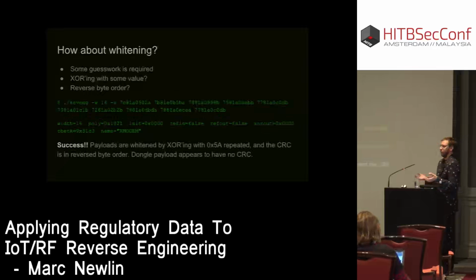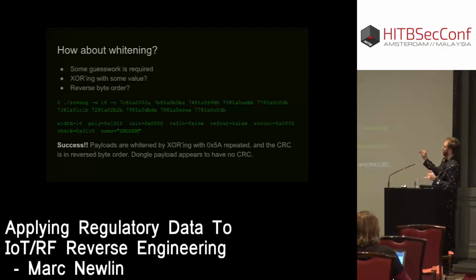So now one thing to consider is a lot of packets will be whitened, and this works by XORing the payload of the packet or the entire packet with some value, to avoid long runs of 1s and 0s in the data and so forth. There's no magic bullet here. I just went through and tried XORing a lot of common whitening sequences. So in this case, XORing the entire packet with 0x5A bytes was a magic bullet.